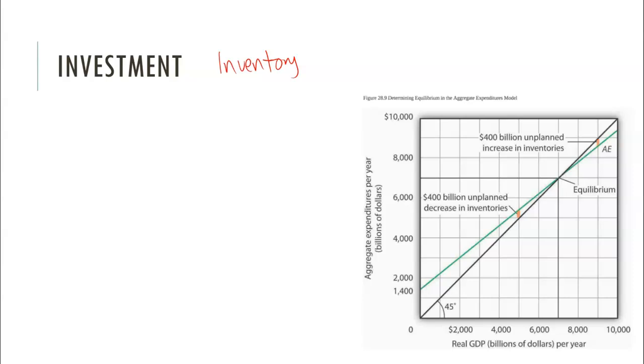And so businesses have what's called planned inventories. Maybe you have a shirt store, and you want to have 10 shirts on the racks at all times. Because you want your customers to walk in and feel like they have options and you don't want it to look empty.